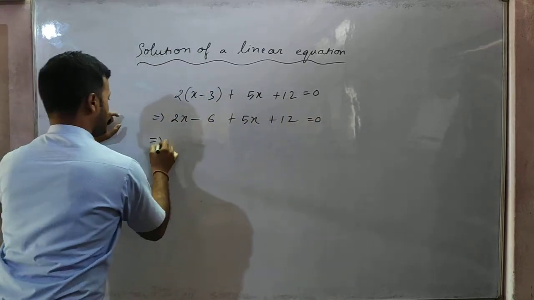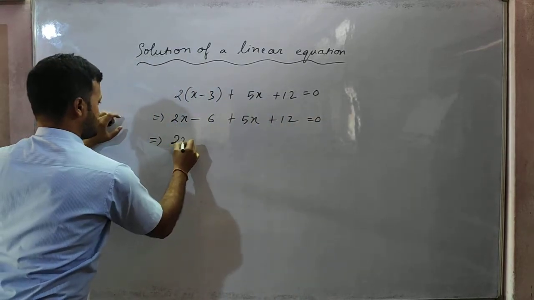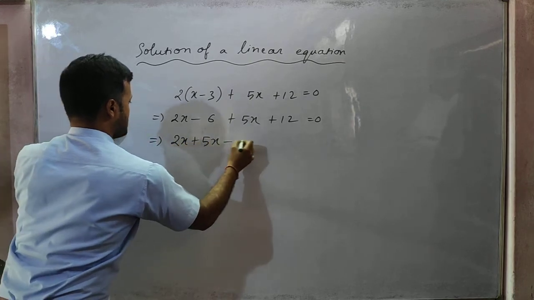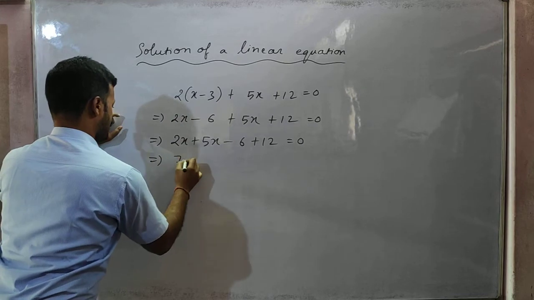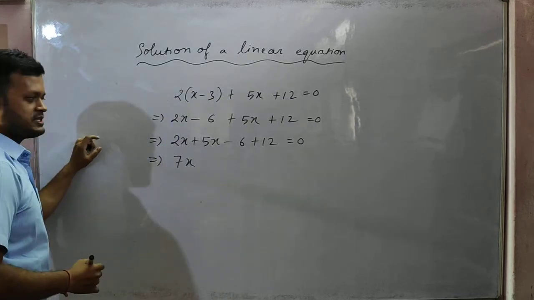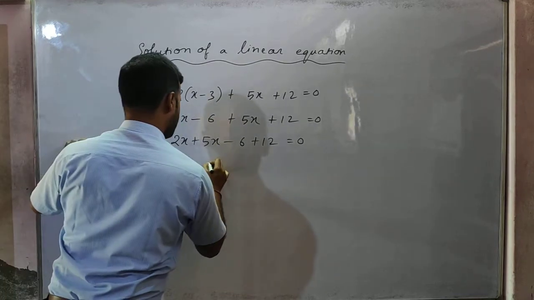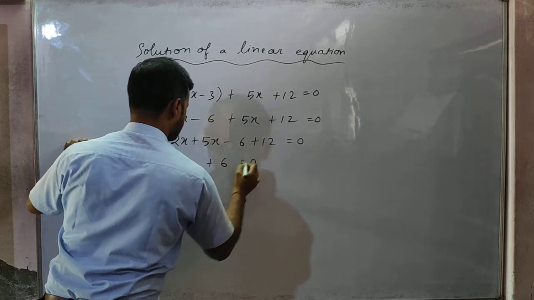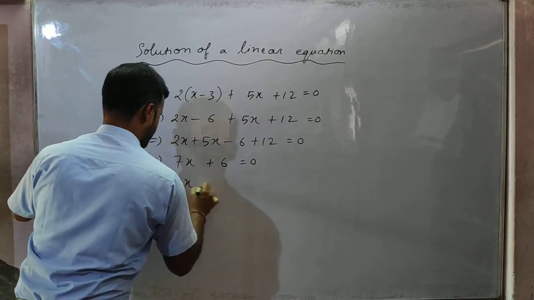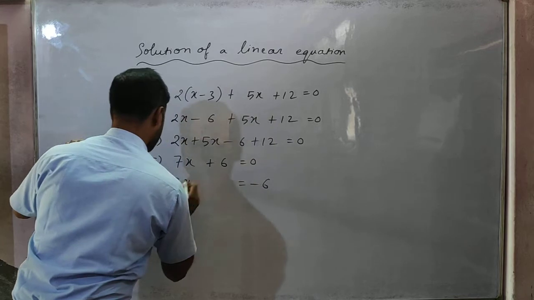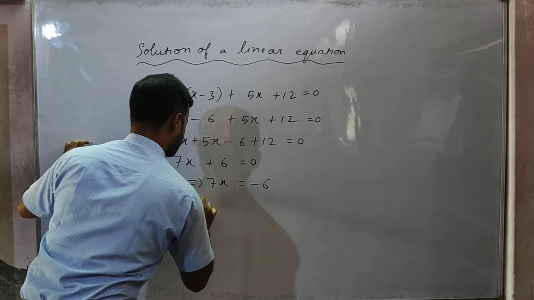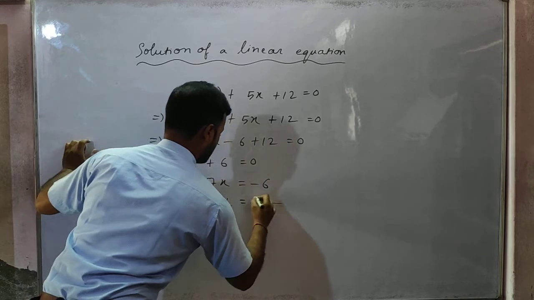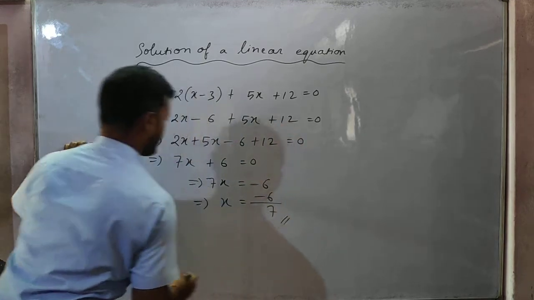Then 2x plus 5x minus 6 plus 12 is equal to 0. So 7x, and minus 6 plus 12 means plus 6. So 7x is equal to minus 6, so x is equal to minus 6 by 7.